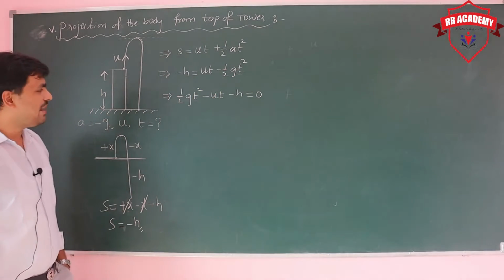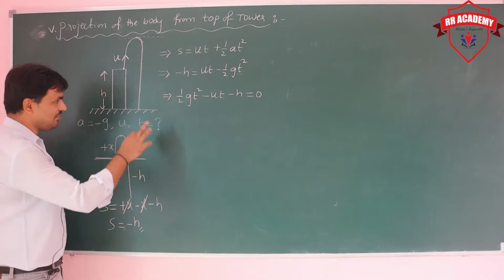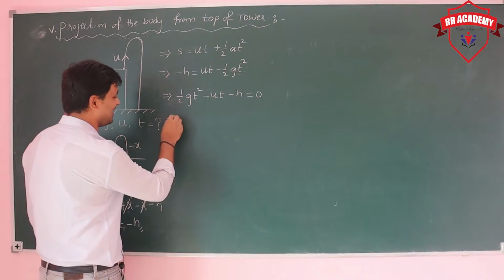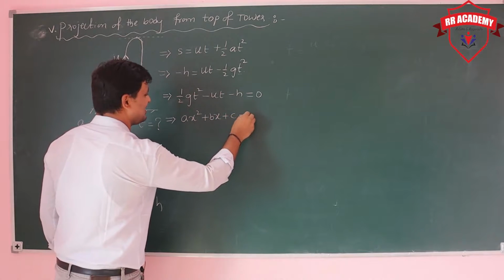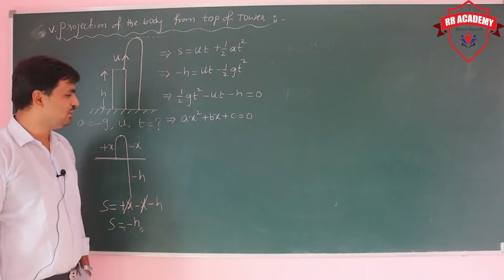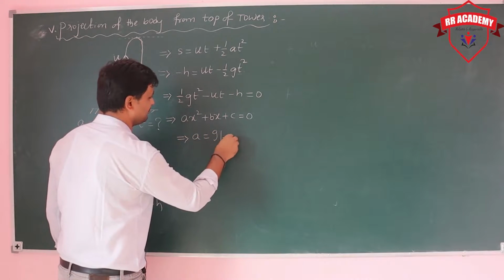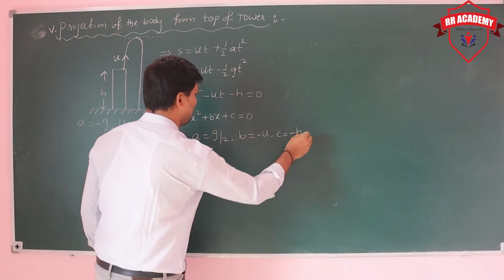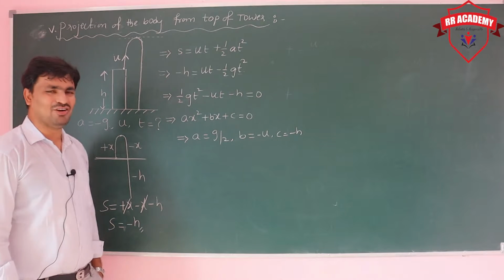This looks like a quadratic equation, ax square plus bx plus c is equal to 0, where a is equal to g by 2, b is equal to minus u, c is equal to minus h.